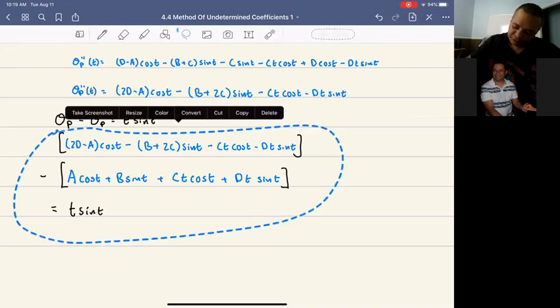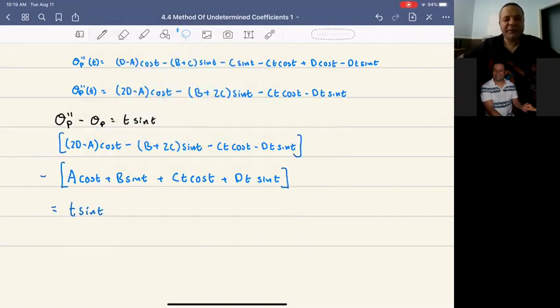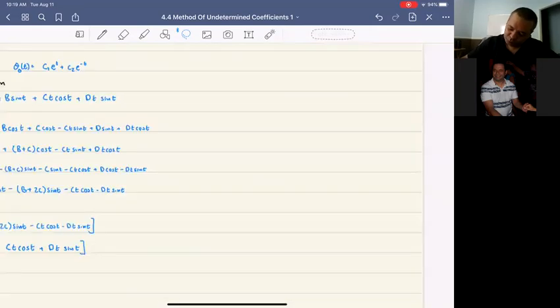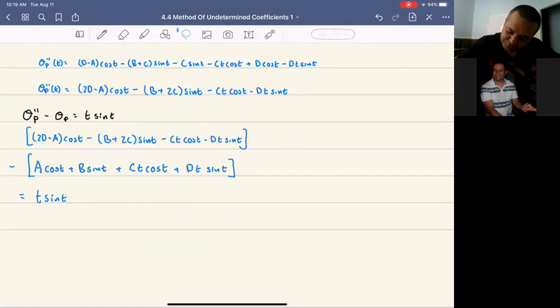Okay, so let's go ahead. We have to match up all the cosines and sines, t sines, t cosines.